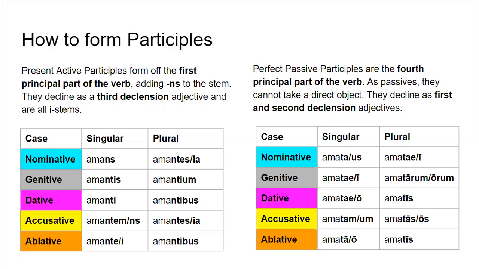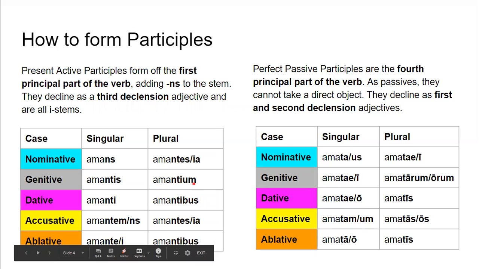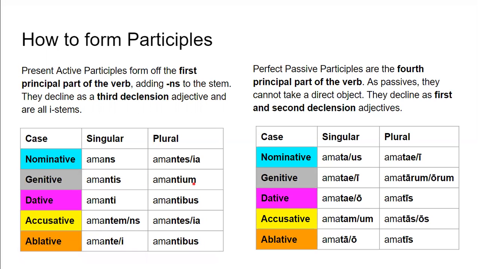Now, you need to take that stem, ama, for the present active, and add third declension endings to it. So third declension endings, all of them i-stem endings, and we can tell because of the genitive plural, so it's amantium instead of amantorum. So third declension endings, and you have to add a little bit of an infix. You've got to add this n and nt infix for them.